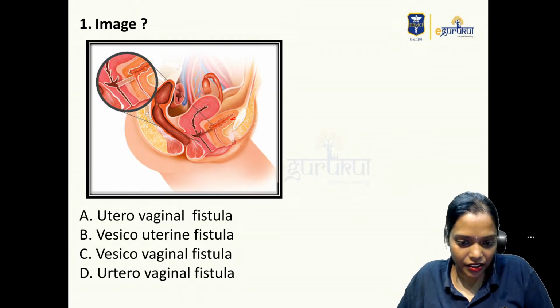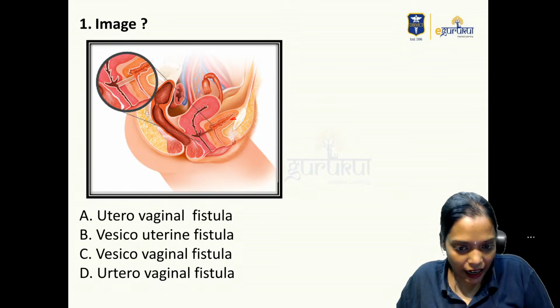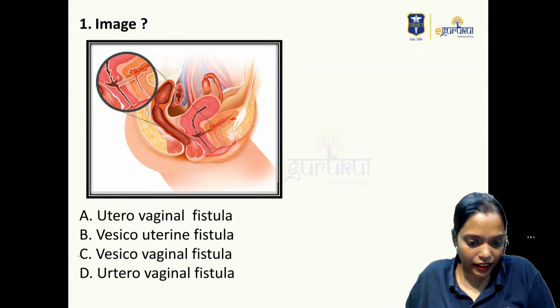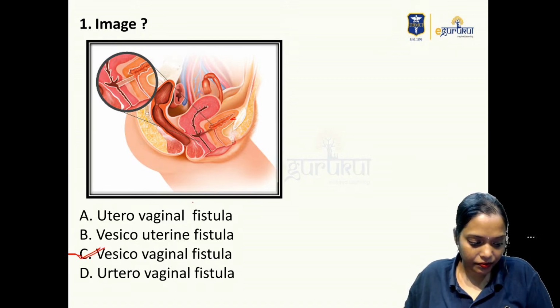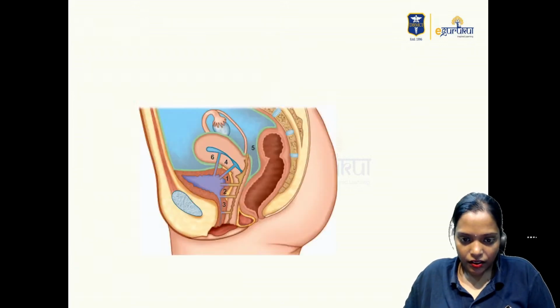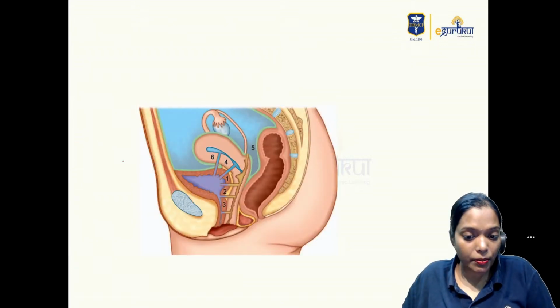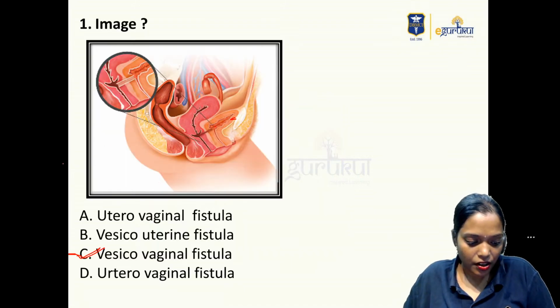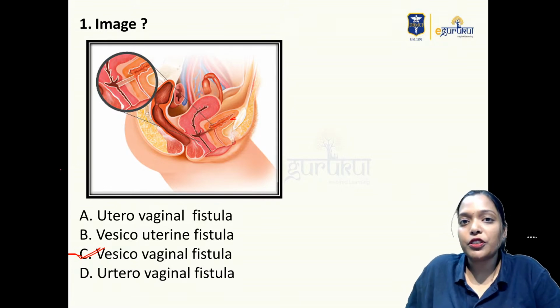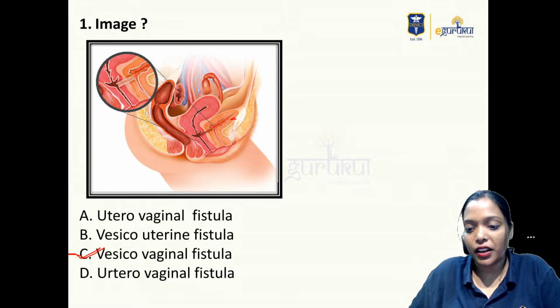So as the connection is between the bladder and vagina, it is the vesico-vaginal fistula. Most common type of fistula is also vesico-vaginal, which is there in this picture.